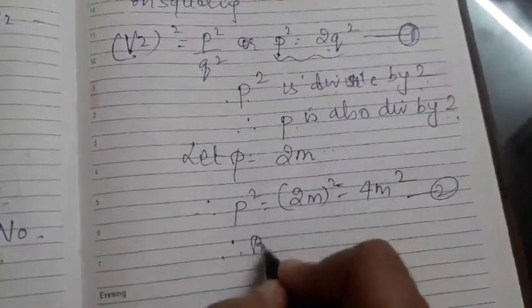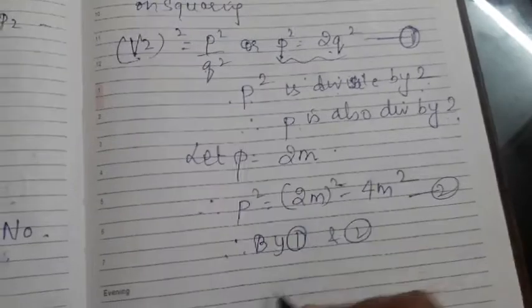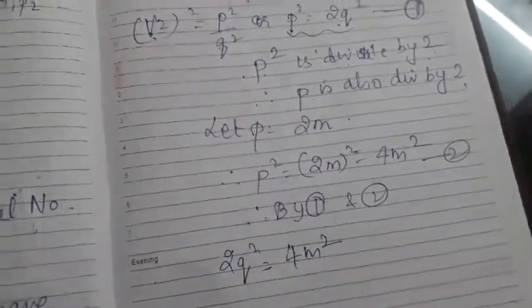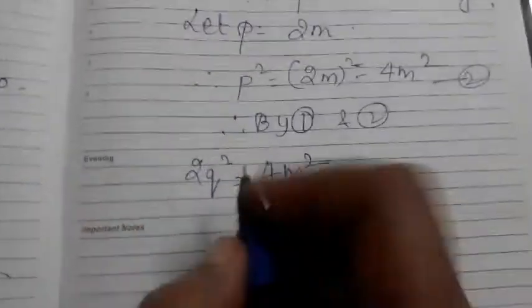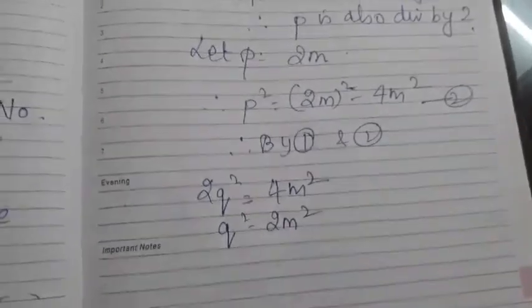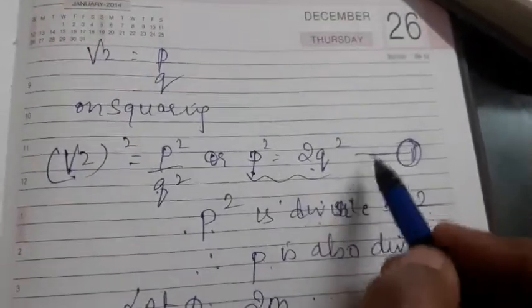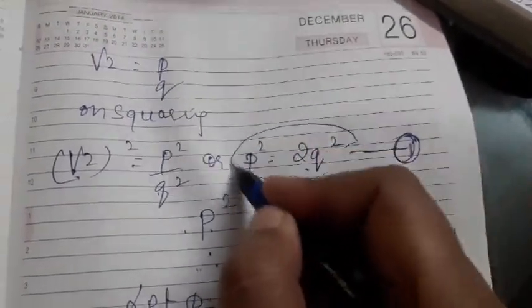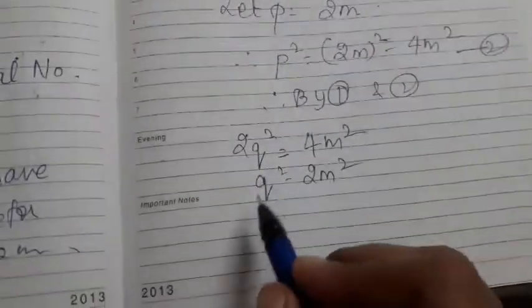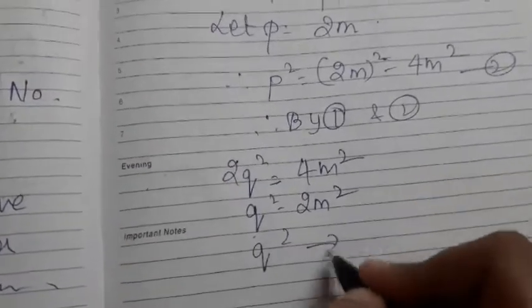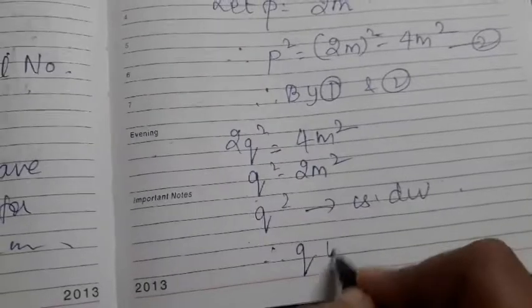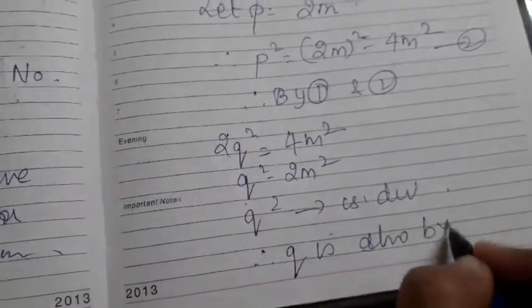I can write by 1 and 2, 2q square is equal to 4m square, or I can write it as q square is equal to 2m square. Here I got that p square is divisible by 2 and p is also divisible by 2. From here I will get q square is divisible by 2 and therefore q is also divisible by 2.